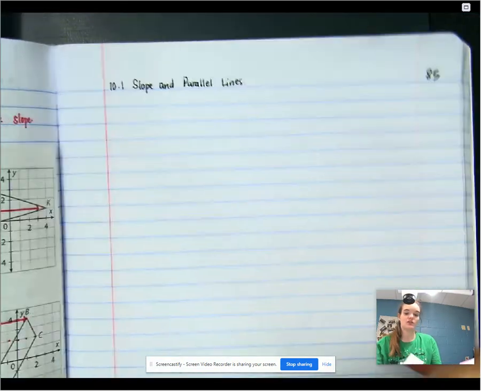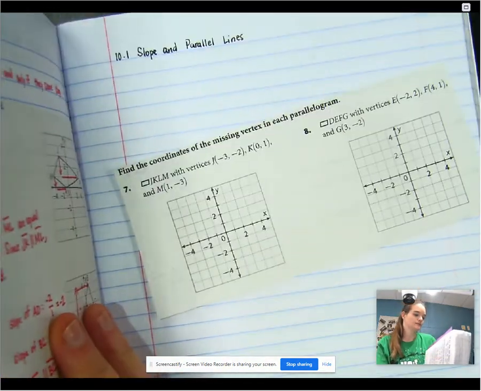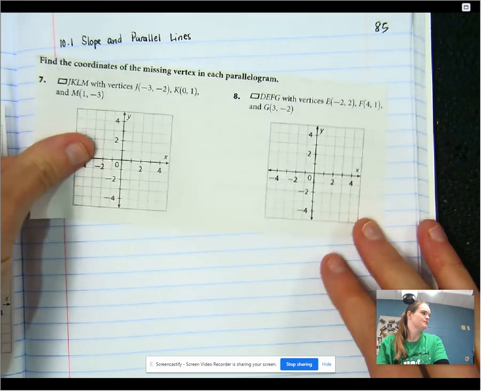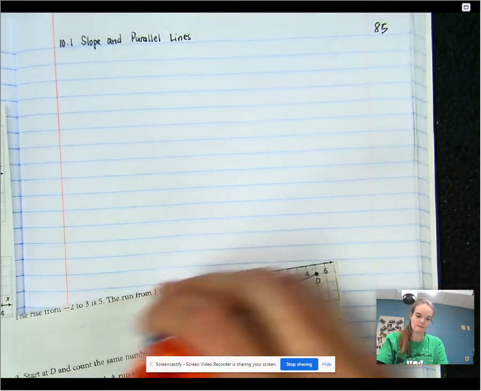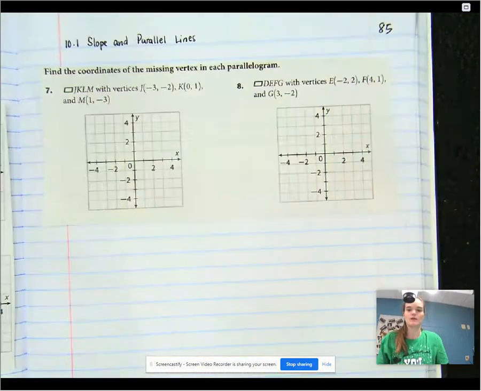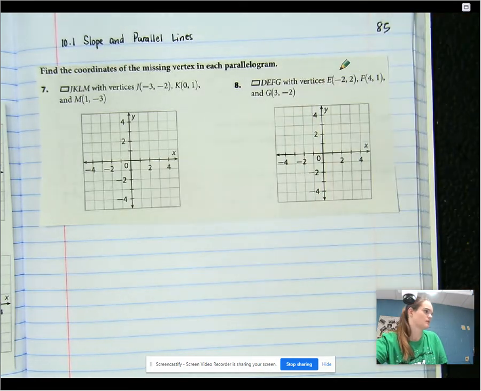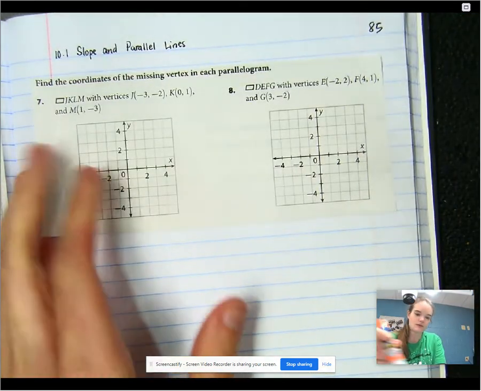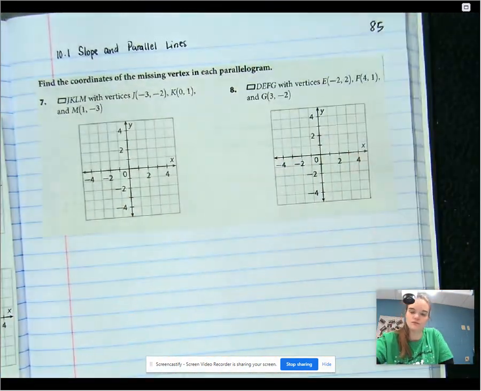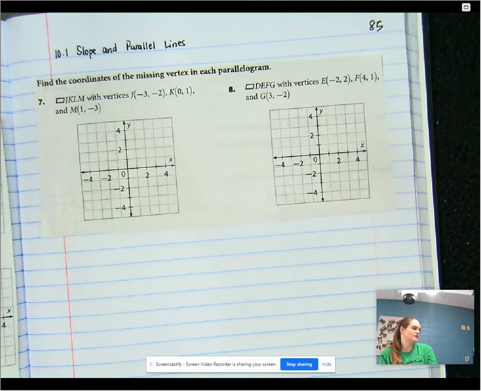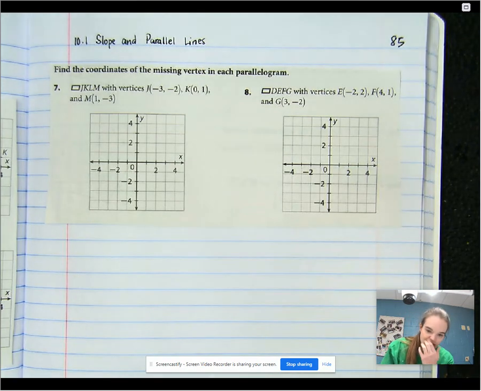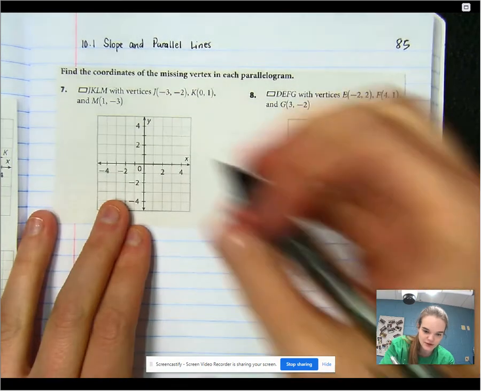And here's how much of 7 and 8 you need, and it's going to go on 85. All right, 7 and 8 say find the coordinates of the missing vertex in each parallelogram. So we're going to graph these first, and then we've got to decide what the missing vertex is.